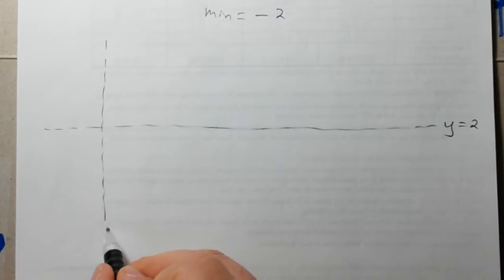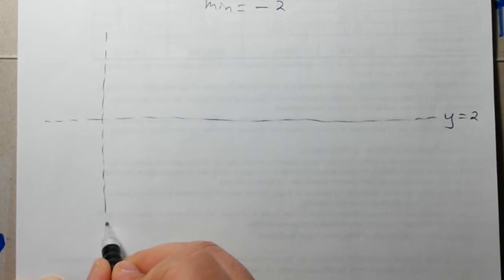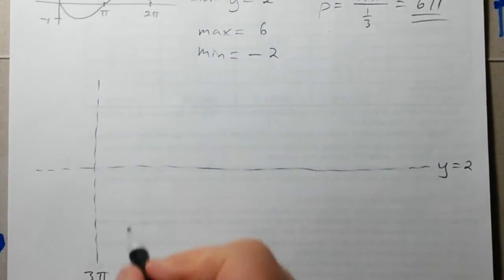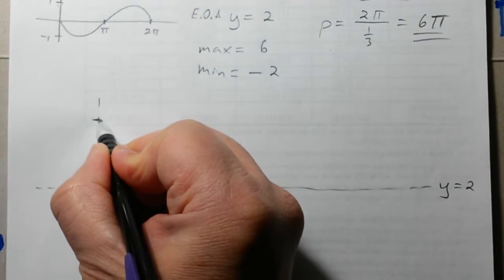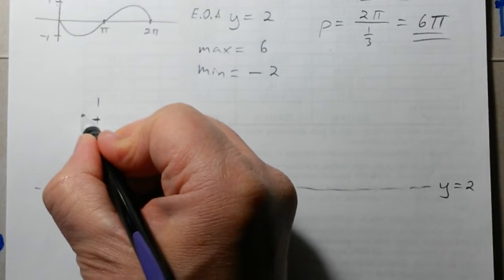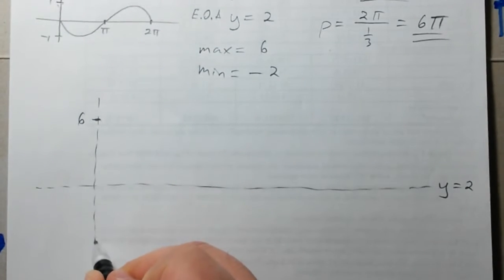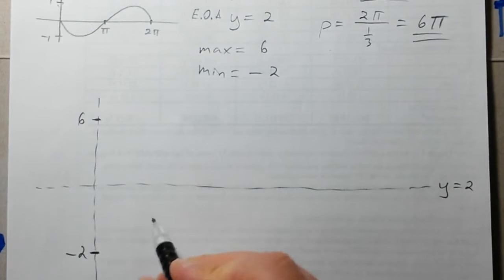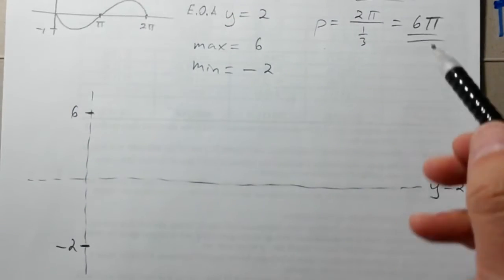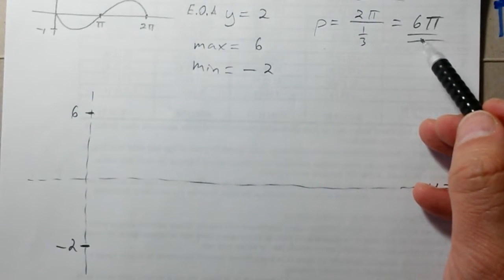Let's label this as our 3 pi, right? Now, our maximum and minimum value. So let's put the maximum value there. Okay, this came out a bit crooked, but that should be fine. 6, and this happens to be about there. -2.